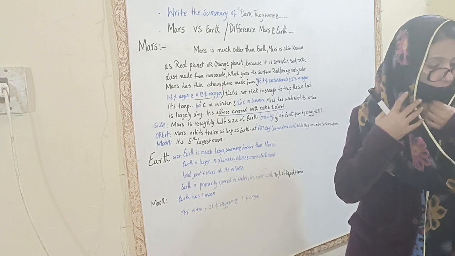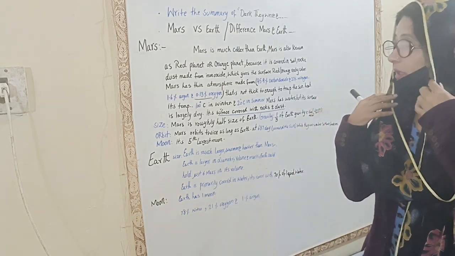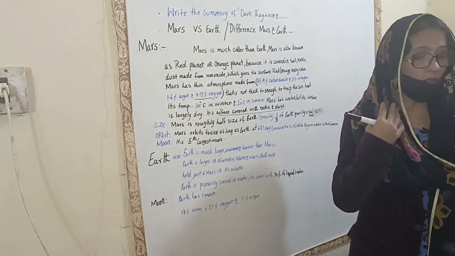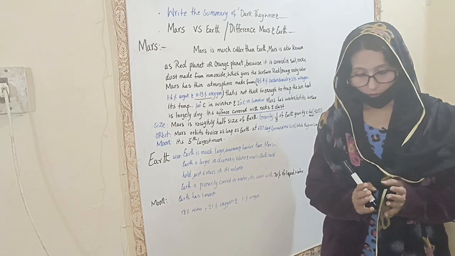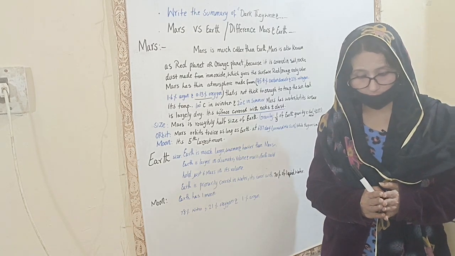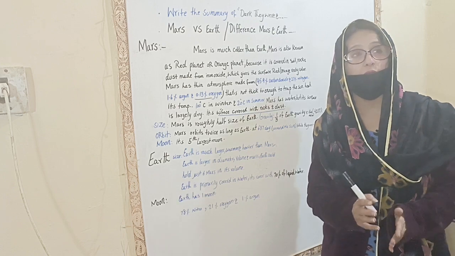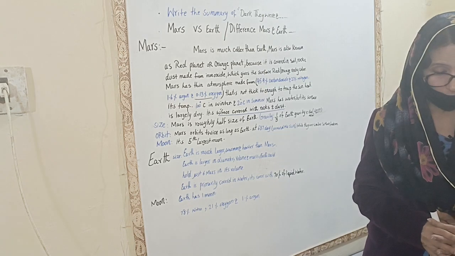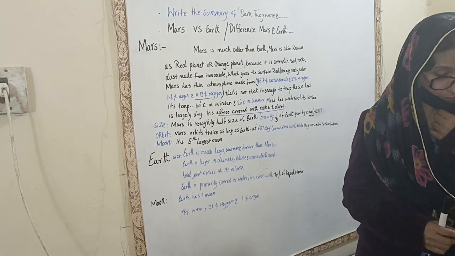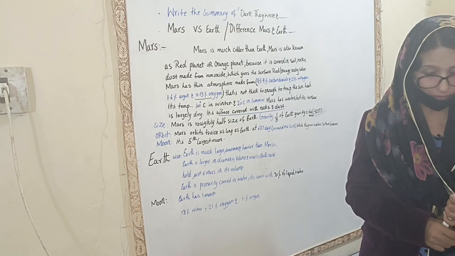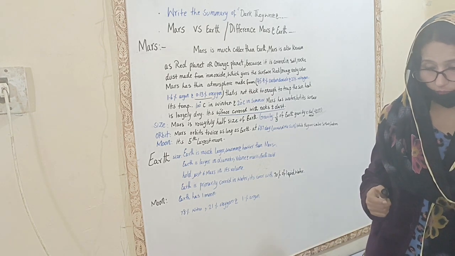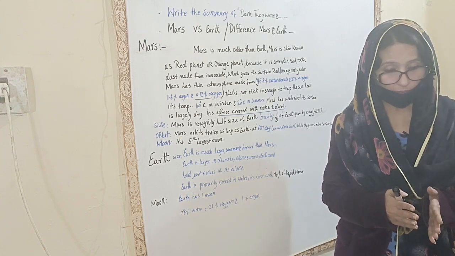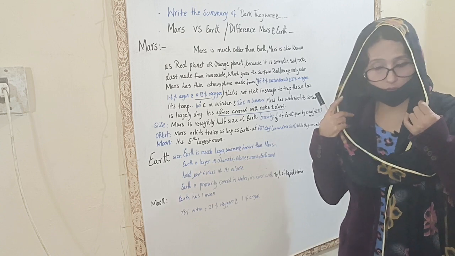Okay. And there are similarities between Mars and Earth. Just like the Earth and Mars, the lengths of their days are the same. Mars has water, but on Earth it is liquid and in much larger areas.